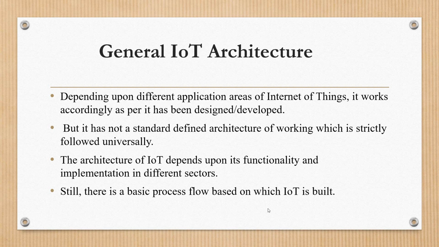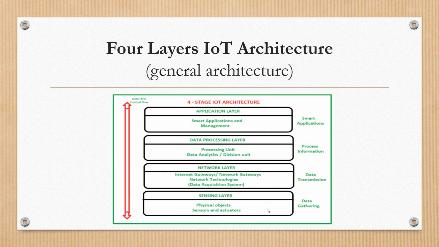and its functionality. But the basic or general IoT architecture contains mainly 4 main components or layers. The first layer is called the sensor layer.